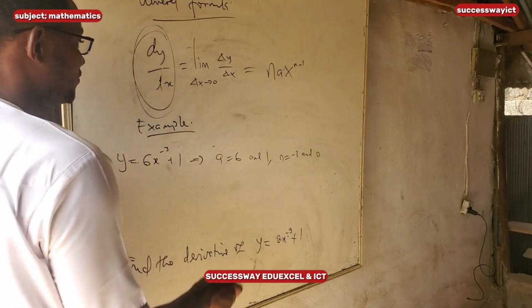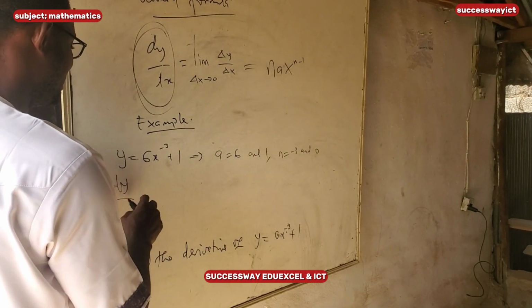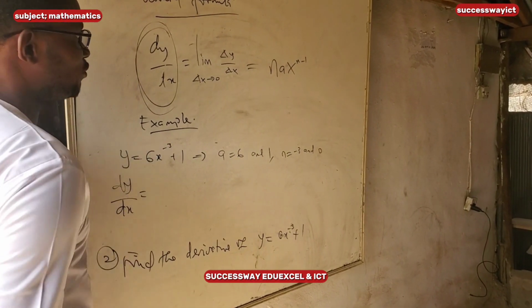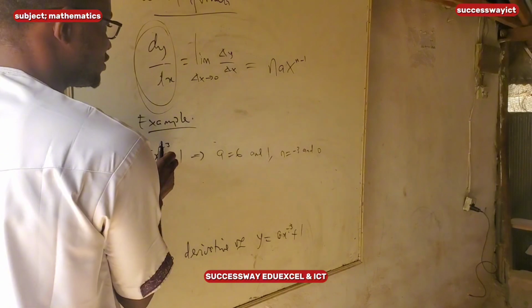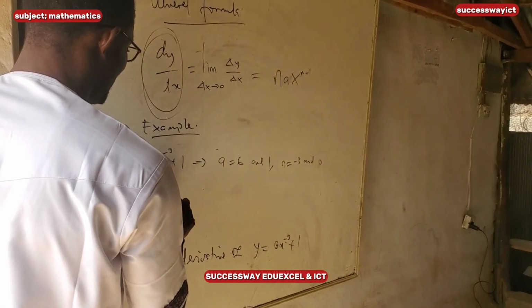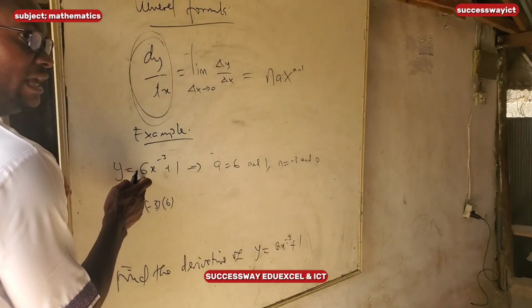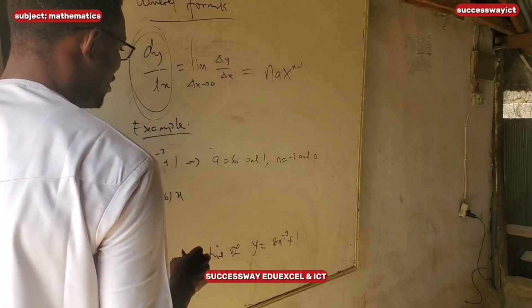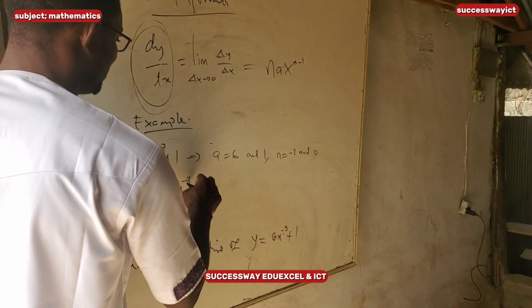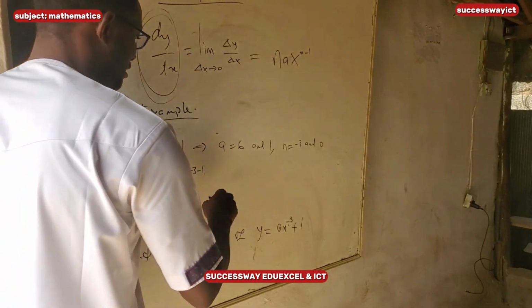Are we together? Now, in solving for this, using this guy here, we have dy dx to be equal to, for this first one, your n is what? Minus 3 multiplied by 6, which is a, x raised to the power of what? Minus 3 minus 1. You are done with this one.